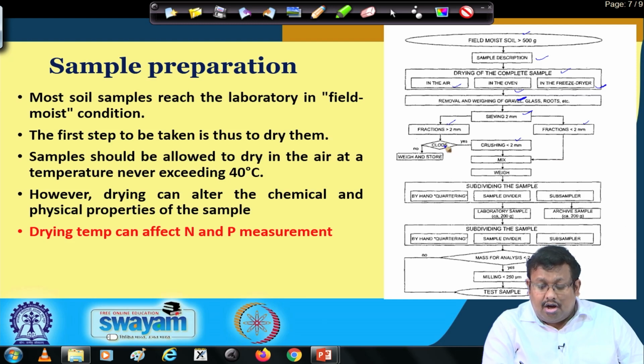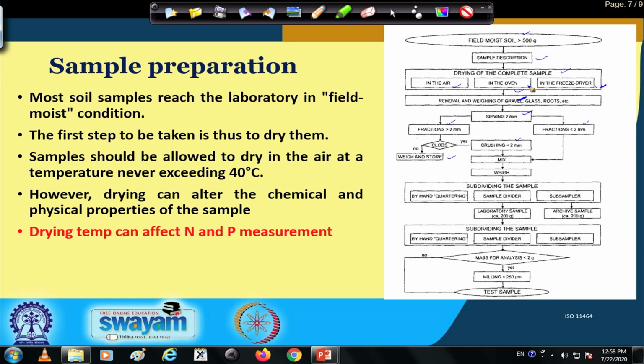If there are no clods, then we can just weigh and store. So, this is how we start with the field moist samples: we do the sample description, then we dry the complete samples. After drying, we remove the artifacts, gravels, glass and roots, and then we sieve them to keep less than 2 millimeter.